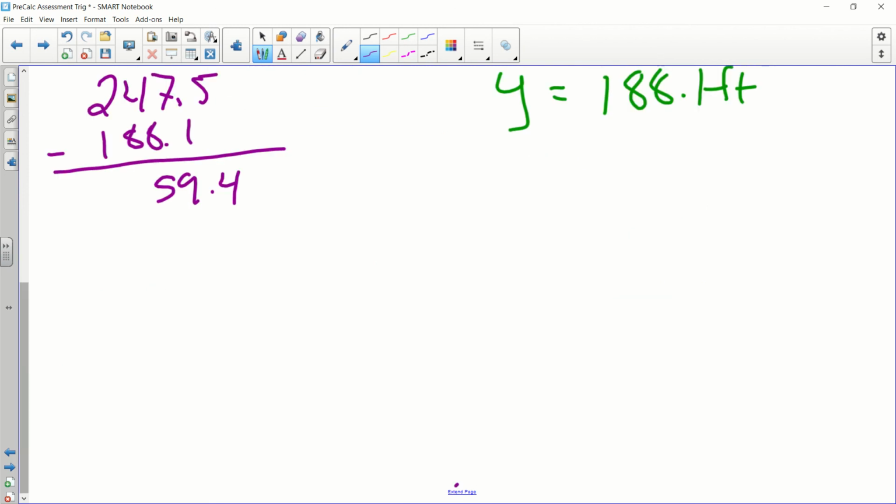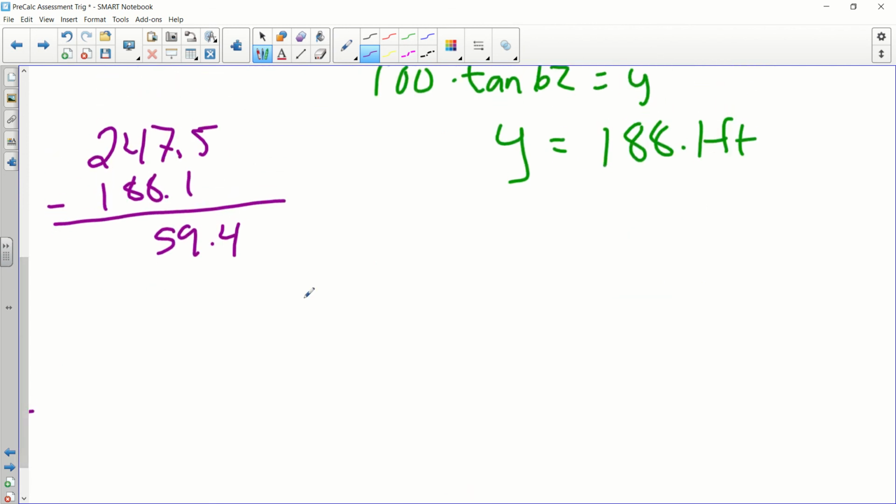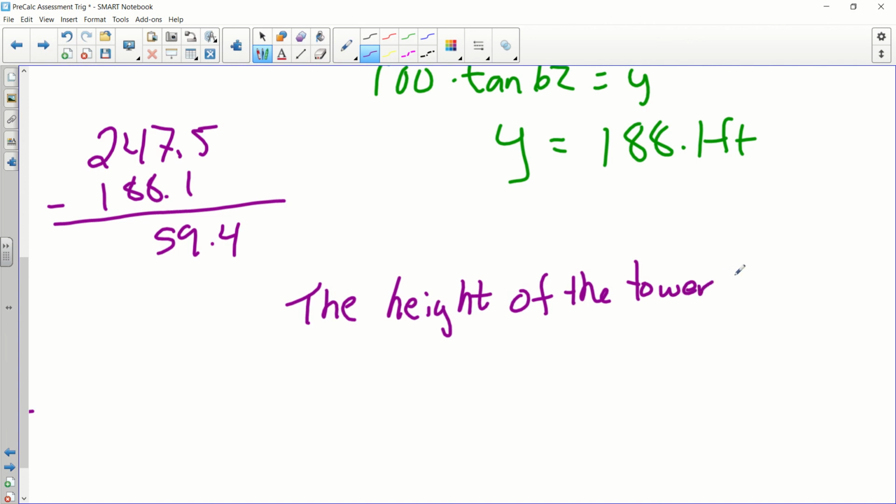And then for your communication, the height of the tower is 59.4 feet. So this ends your solutions video for the assessment.